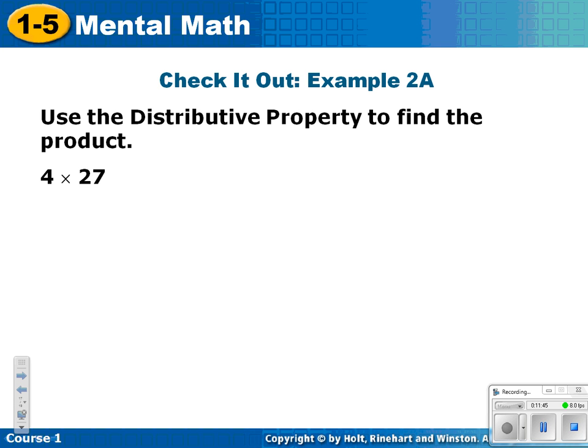Clayton? 108. What did you do to get 108? Okay, 4 times 20, which is 4 times 2 with a 0 at the end of it, plus 4 times 7, we have 80 plus 28 is 108.